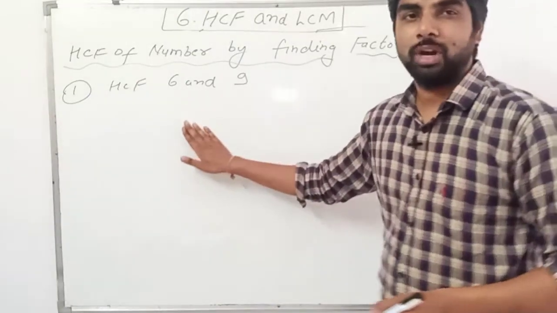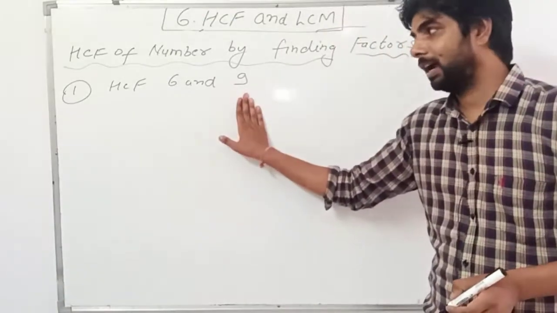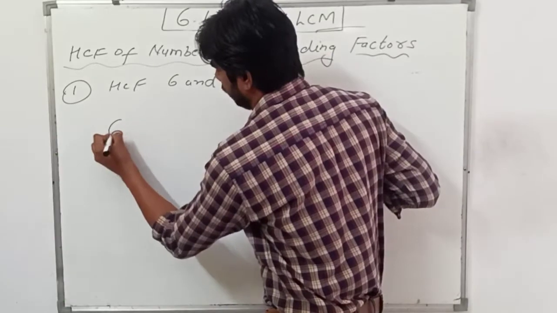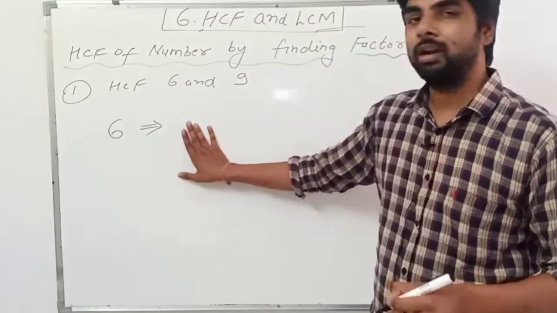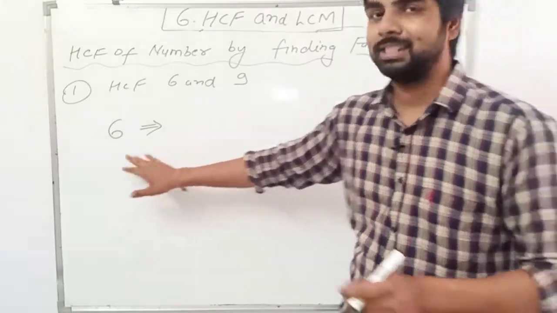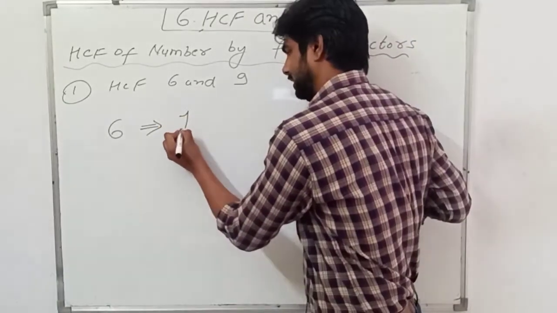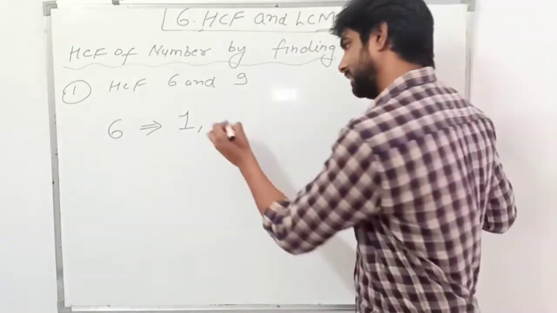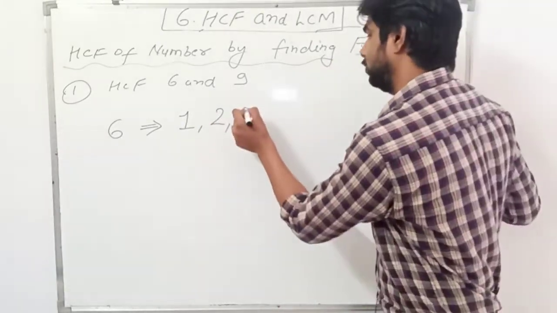So in this case, what do we have to do? We have to find the factors of 9 and the factors of 6. We know that factors of 6 are all the numbers that exactly divide 6, or all the tables in which 6 comes. 6 comes in the table of 1, 1 6s are 6. 6 comes in the table of 2 also, 2 3s are 6. 6 comes in the table of 3 also, that means 3 2s are 6.